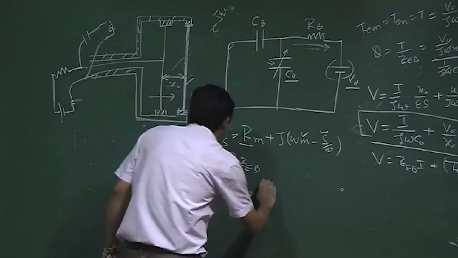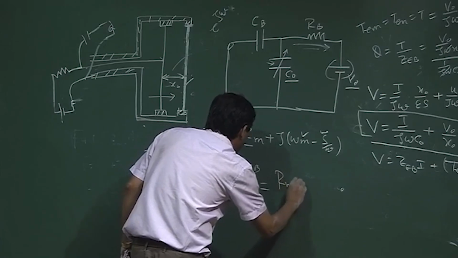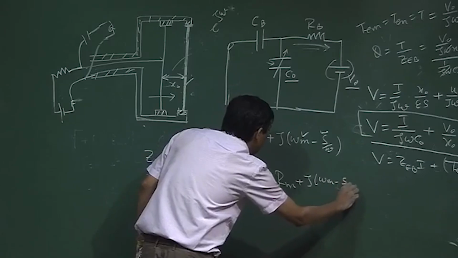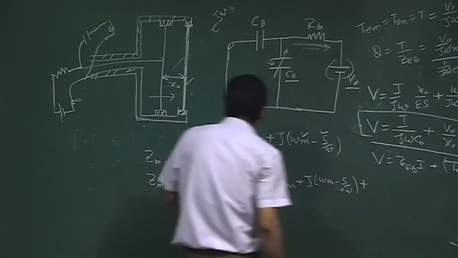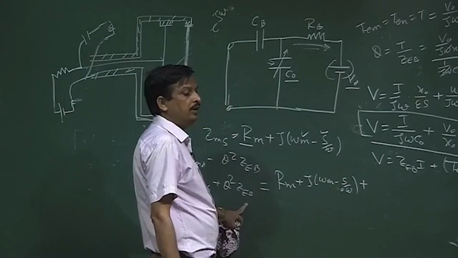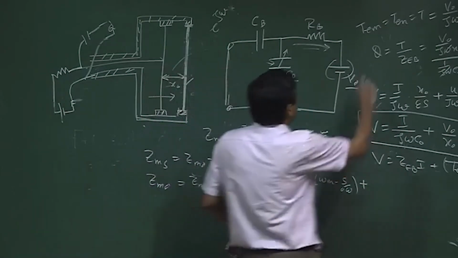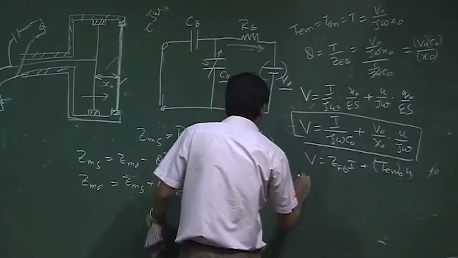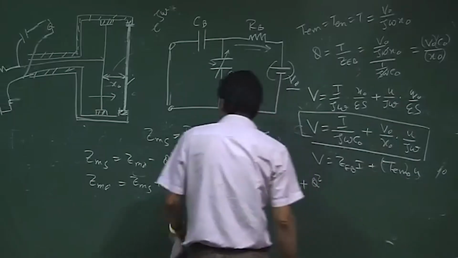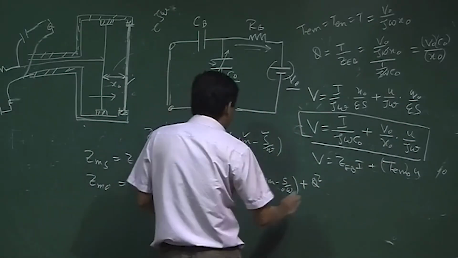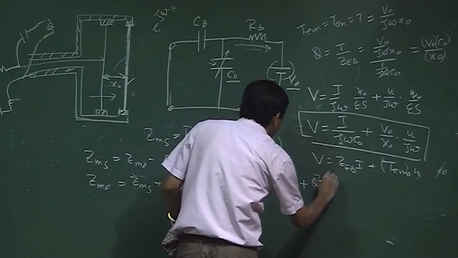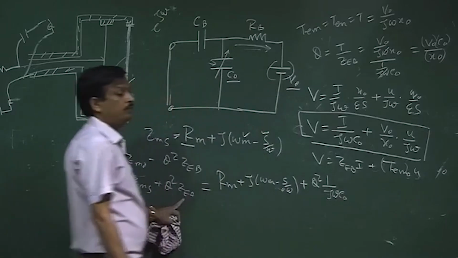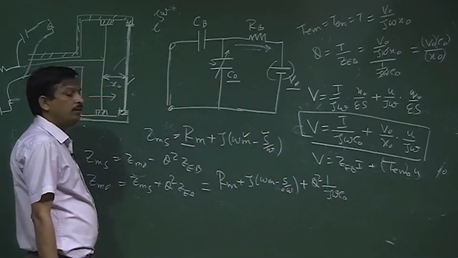If I write that, what is ZMS? Rm plus j omega m minus S by omega, plus phi square ZdB. What is phi square? Phi square is nothing but V0 C0 square by X0 square. And what is ZdB? ZdB is 1 by j omega C0.